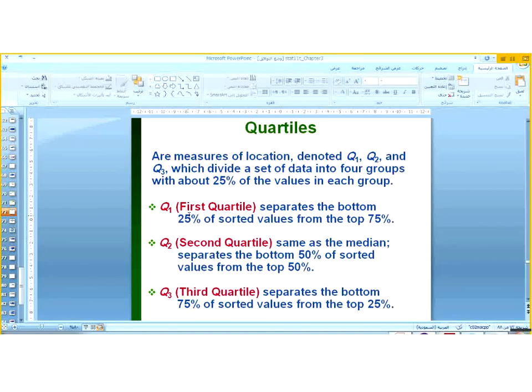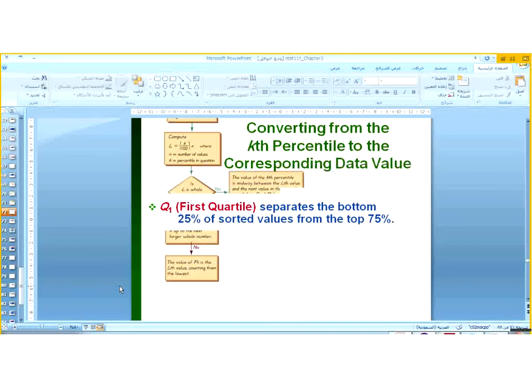The first one is calculated using 25 as K in the previous formula. For the second we will use 50 in the previous formula, and finally for Q3 we will use 75 as K in the previous formula.